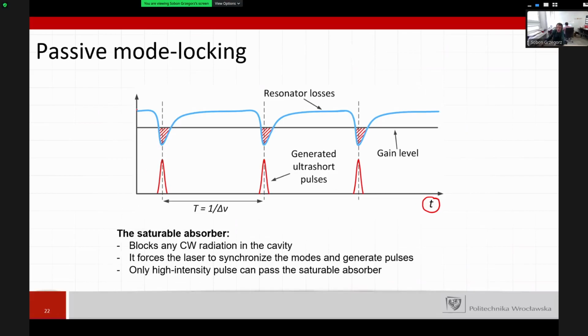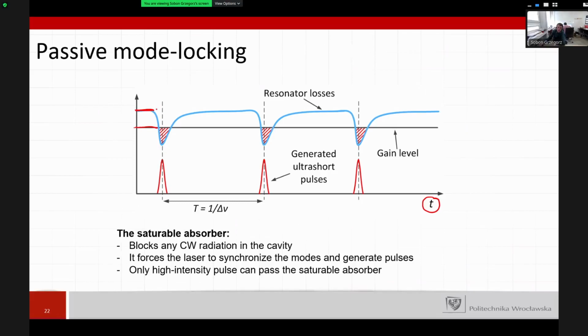So when we start our laser and we pump it, so we deliver energy to the laser, we will have some constant level of gain and some kind of losses that are, in this case, higher than the gain, because we have the saturable absorber. So the saturable absorber will absorb all the noise and the spontaneous emission that is occurring in the laser.